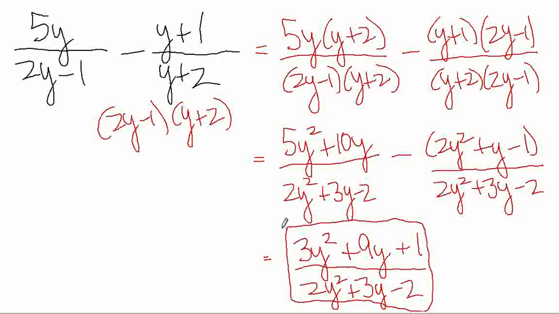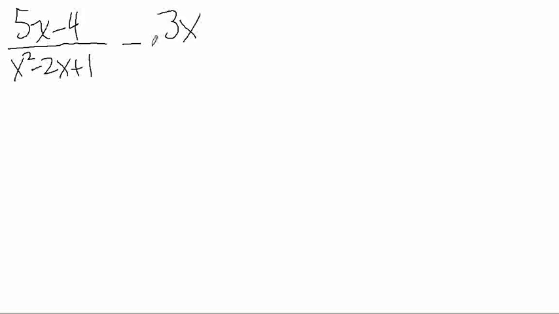All right, so let's do one more example. (5x minus 4) all over (x squared minus 2x plus 1) minus 3x over (x squared plus 4x minus 5).